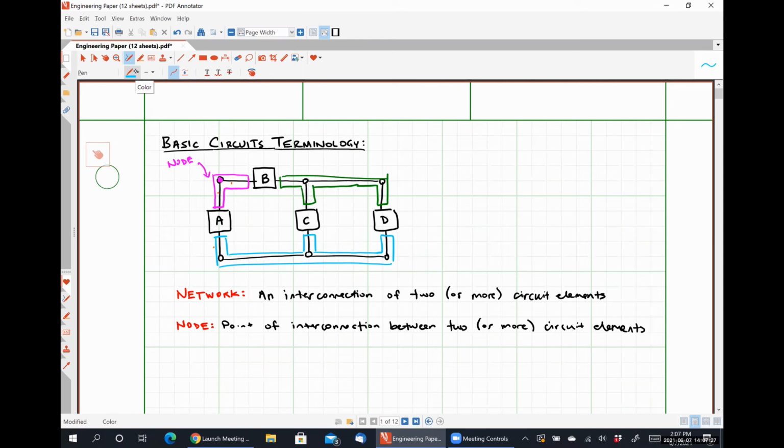The way that these elements are connected is important. Okay. So let's look at the connection between elements A and B. We consider elements A and B to be connected in series, where a series connection is a connection between two circuit elements with no additional branches.